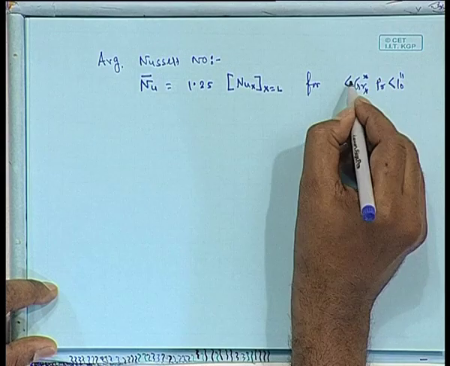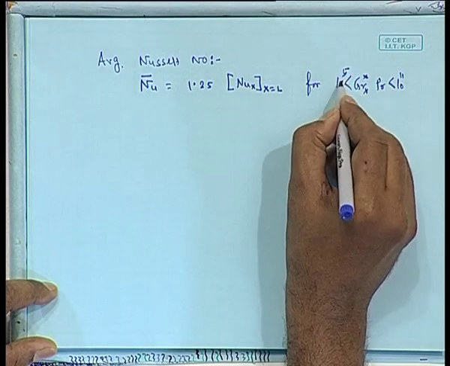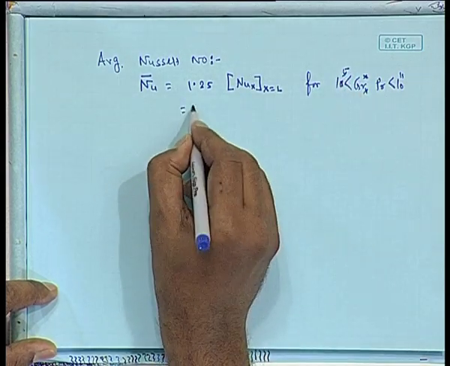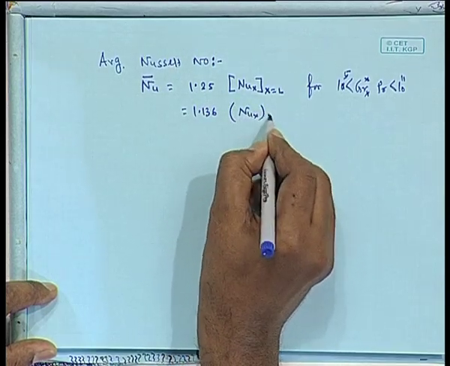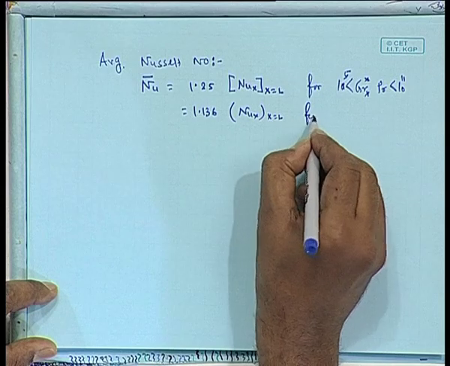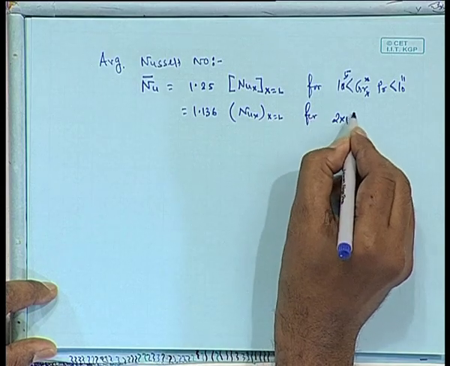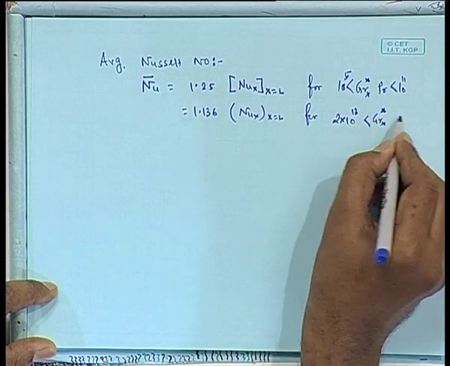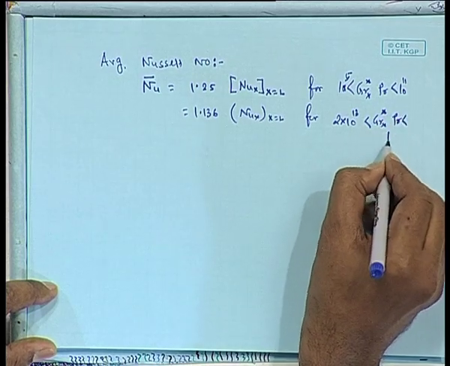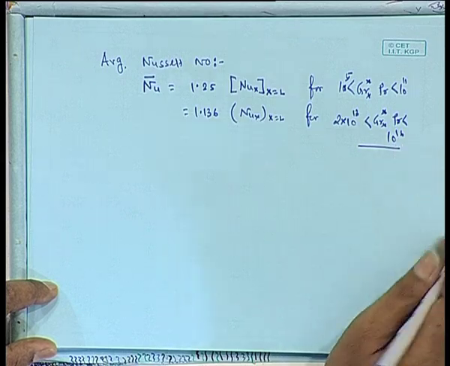For 10 to the power 11 and 10 to the power 5, and it will be taking this form, Nu_x at x equal to L, for 10 to the power 13, 10 to the power 16. Okay.